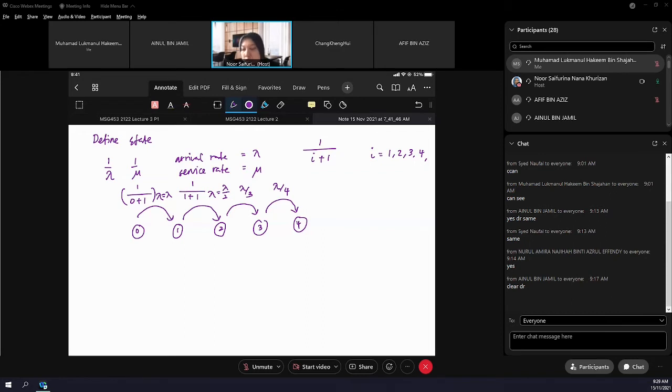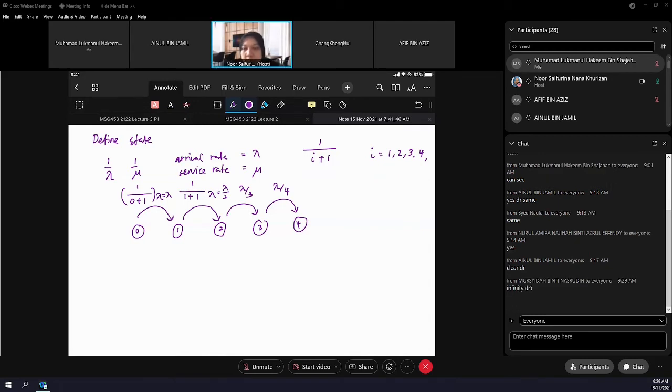But in this question, does it mention the value of I, or any condition that customers will not enter the system when there are a certain number of customers? From what I know, no, Doctor. Up until when can the state take? No idea, Doctor.